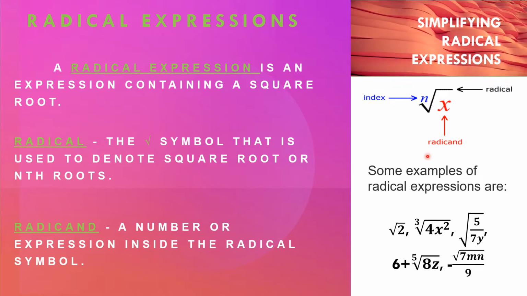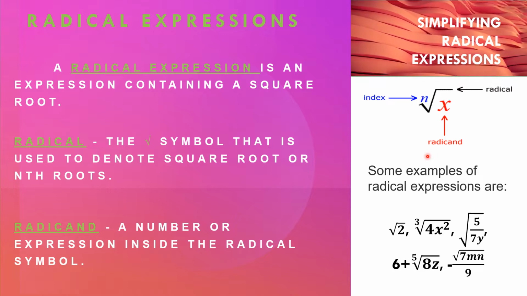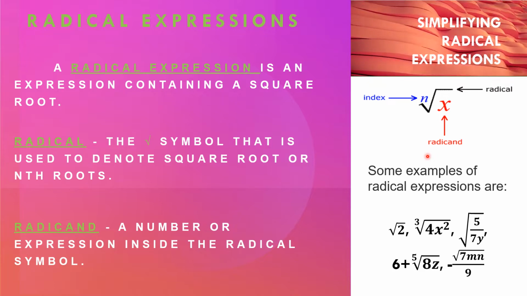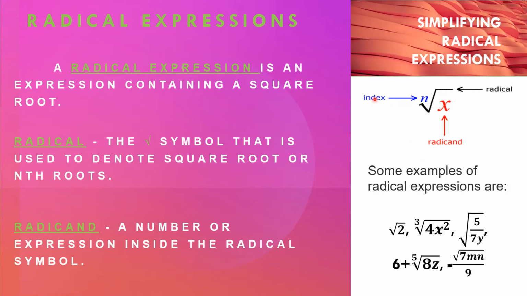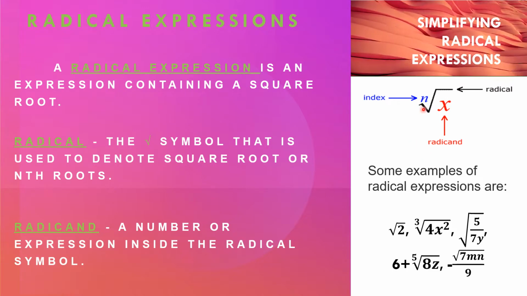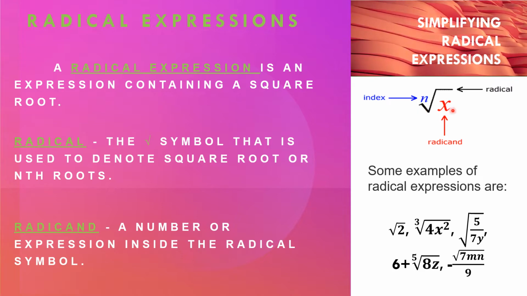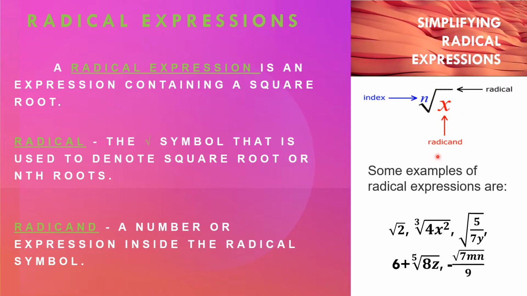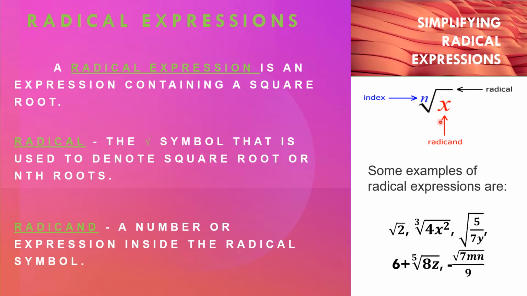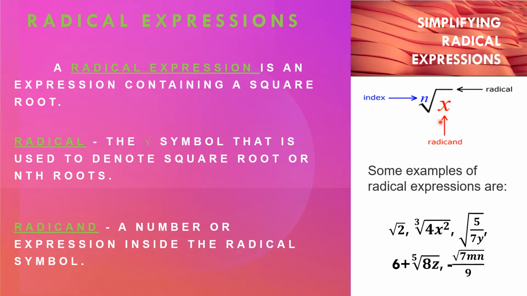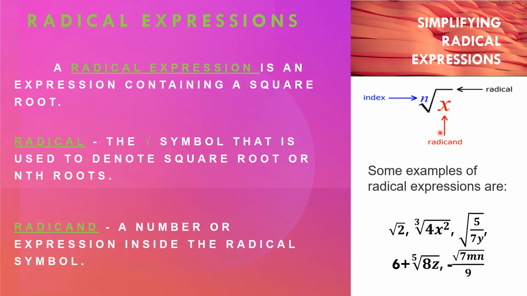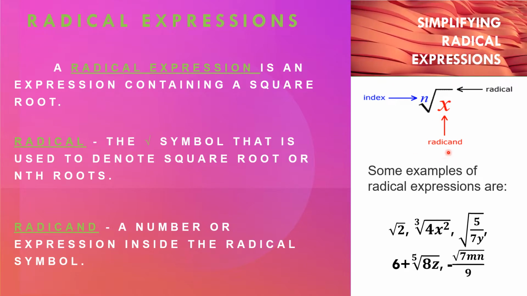So ito po yung itsura, the format or the components of a radical expression. Meron tayong index, yung number po na maliit na nasa radical, of course, the radical symbol, and then yung term po or expression or mga variables or number na nasa loob ng radical, ang tawag po natin dyan ay radicand.